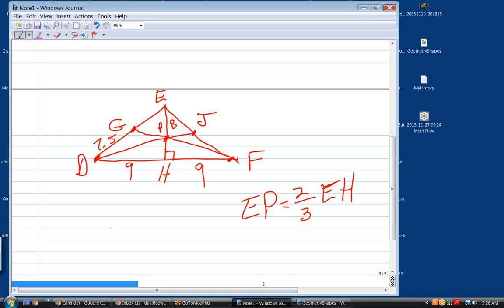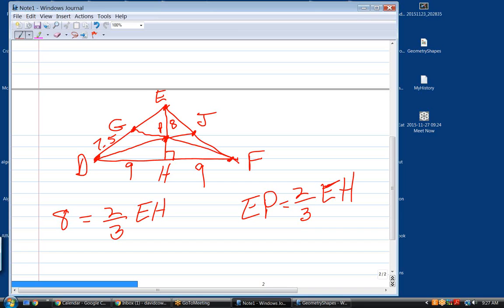Here's our formula: 8 equals 2/3 of EH. EP is 8, the long part of the centroid, and this is the short part. Solve this equation, and it'll give you EH.